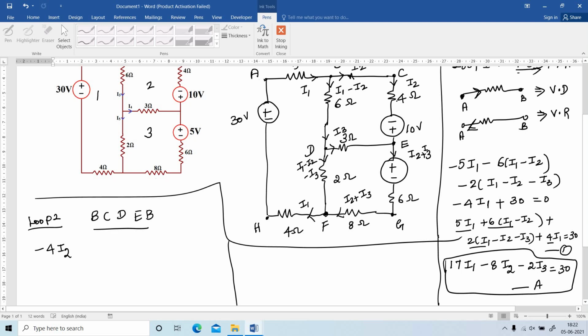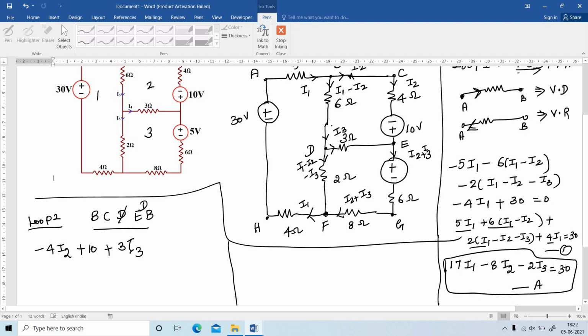This is a voltage rise, negative to positive, voltage rise, plus 10. And see here, the loop direction is E to D, but the branch direction is D to E. Here it is a voltage rise, again positive, 3 into I3.